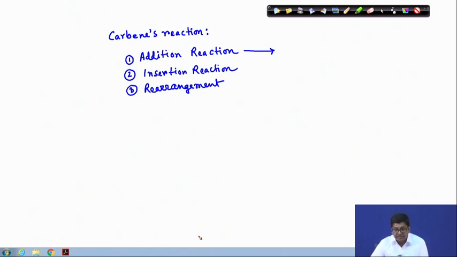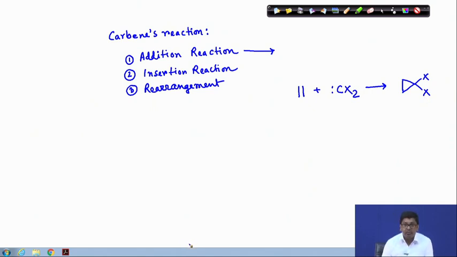This method is very important and is one of the most used methods to prepare the cyclopropane ring from the olefin. This is the addition reaction we started to learn.